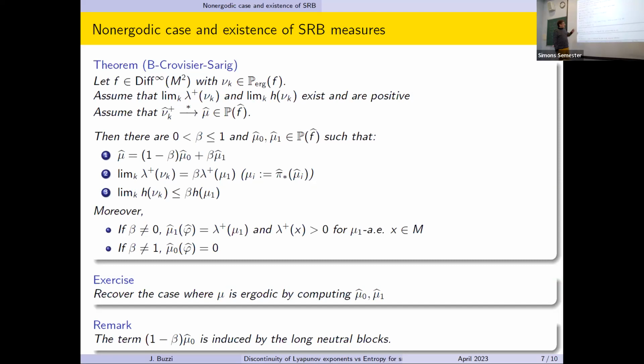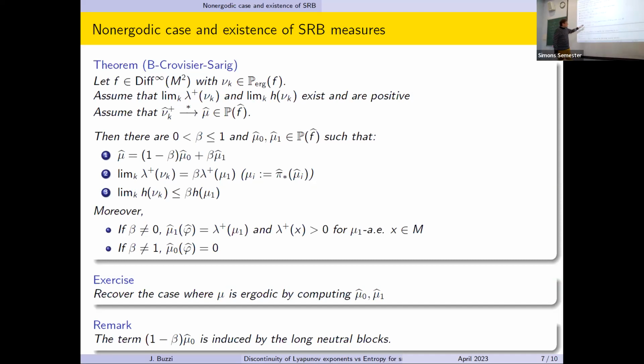So if beta equals 0, then mu 1 hat is not really defined, since it appears with a 0 coefficient, you could put any invariant measure that you like. But otherwise, mu 1 hat gives you the top Lyapunov exponent of its projection just by integrating the dilation.